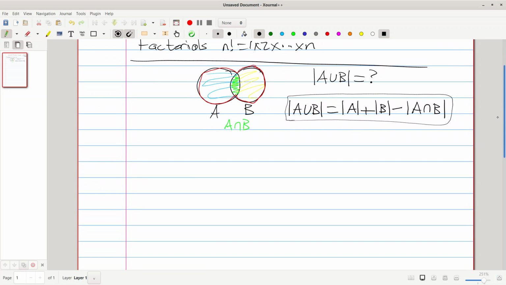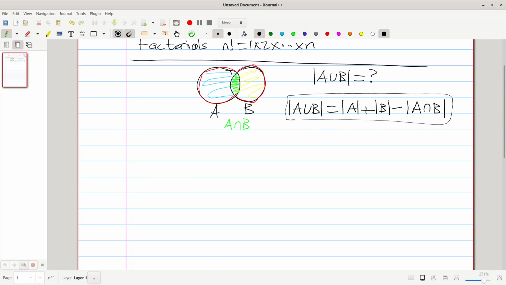Okay, I'll also do the one for three sets now. There's a set A, a set B, and a set C. And I want to know how many elements are in the union of all three of these?